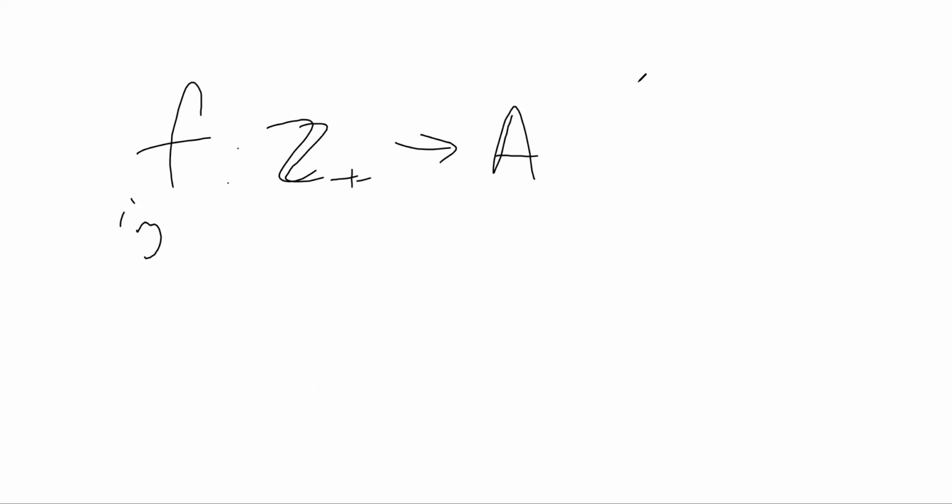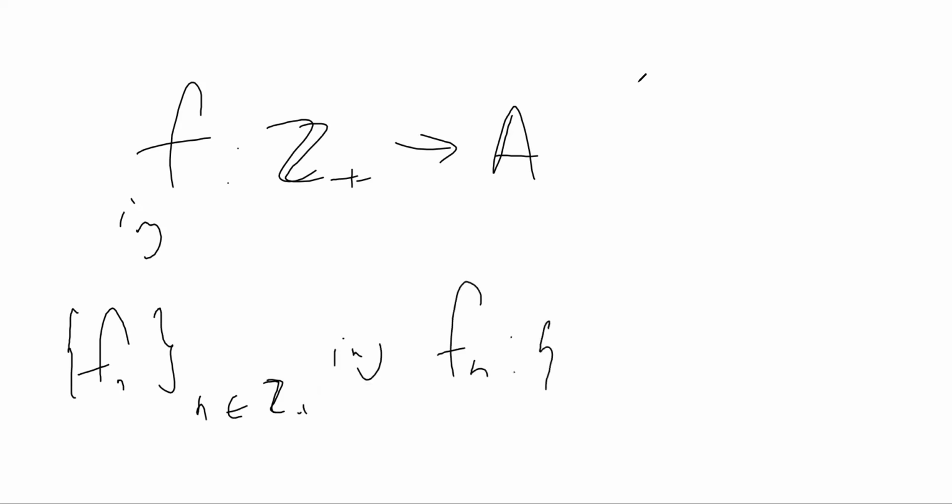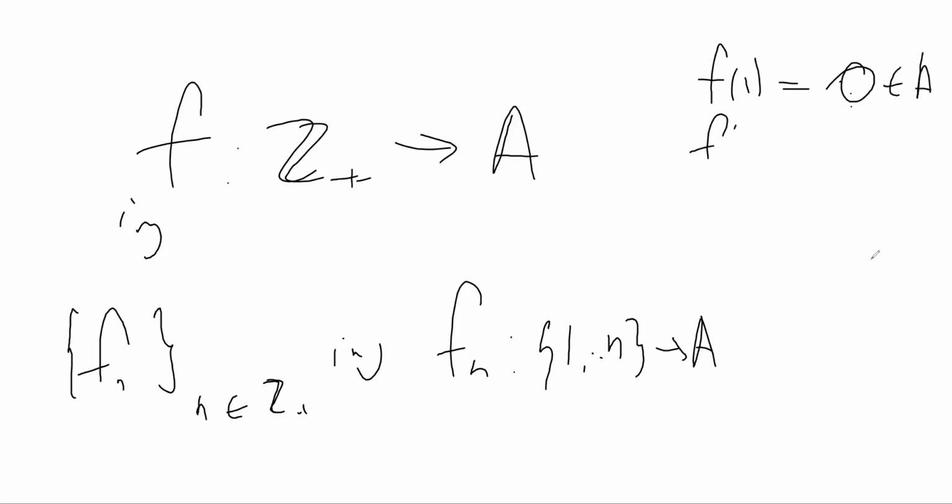Let me remind you that we always have an available family of functions that are injective, and Fn is from 1 to n into A. What we want is f1 equal to some element of A, f2 equal to some element of A, and so on. We want it to be injective.